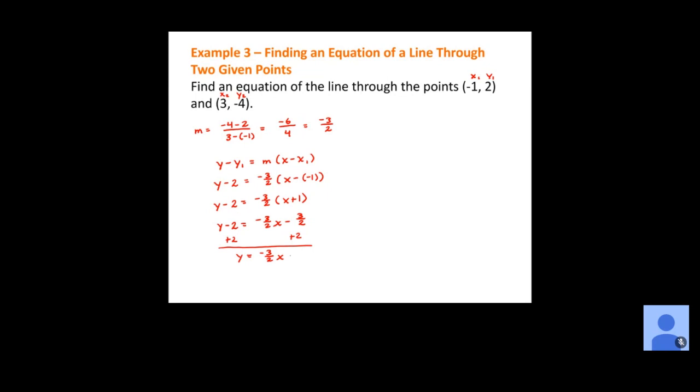It's going to be 1/2. Good, right? So this becomes plus 1/2. Okay, or 0.5 if you prefer that.